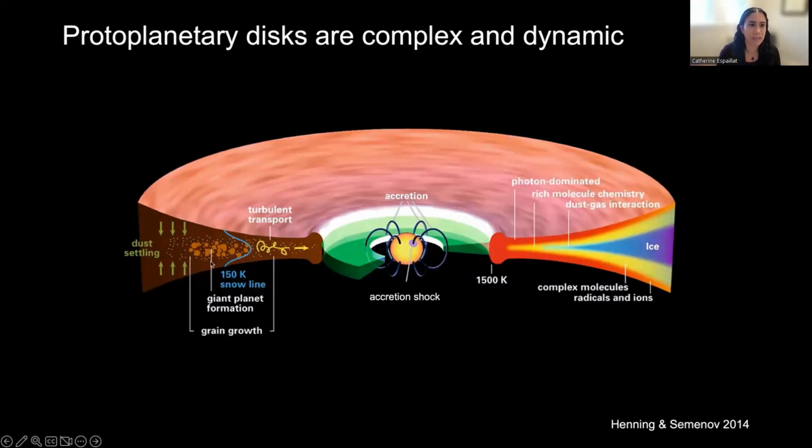We have dust settling, dust settles to the midplane. We have turbulent transport. We don't know exactly how that happens. But the idea is that dust grains in the upper atmosphere, the smaller grains, settle to the disk midplane, they collide, they stick, they grow, they become bigger, eventually somehow getting to planetesimals and forming planets.